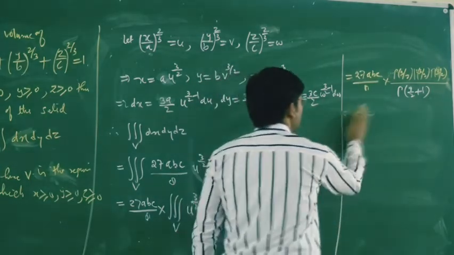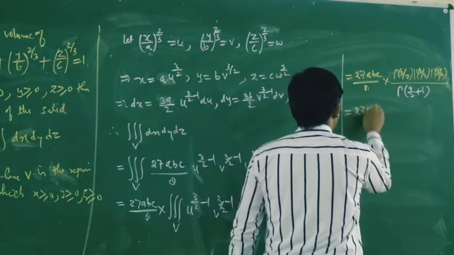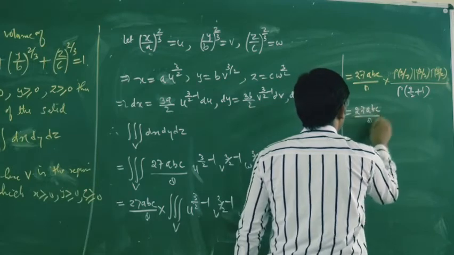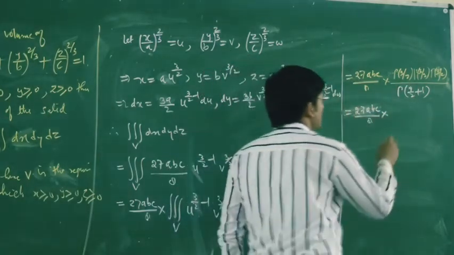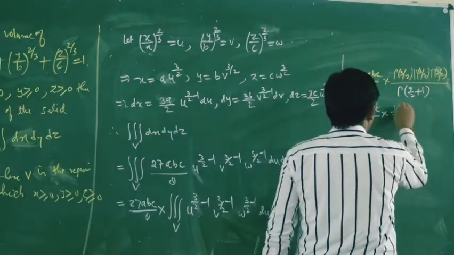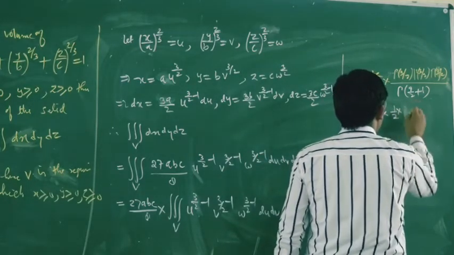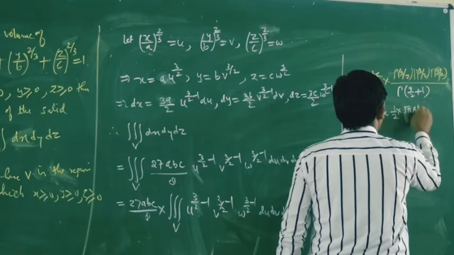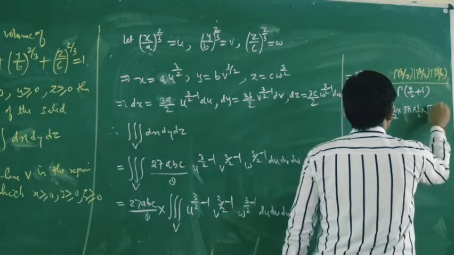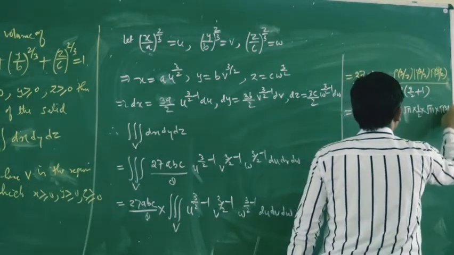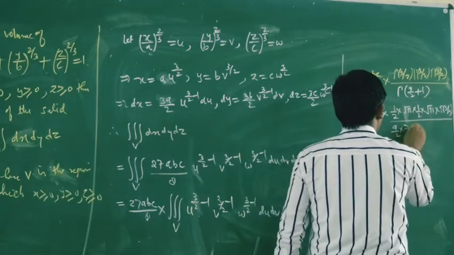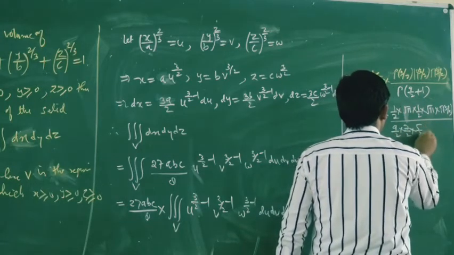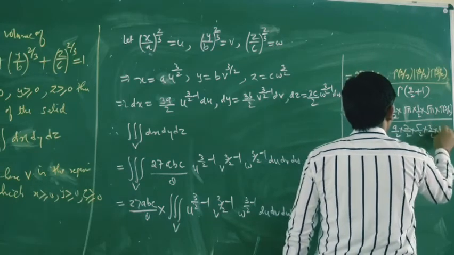This can be written as 27abc upon 8 multiplied by, now gamma 3 by 2 is half gamma half, which is half root pi. Again the second term will be half root pi and the last one is gamma 3 by 2. In the denominator we have 9 by 2 into 7 by 2 into 5 by 2 into 3 by 2 into gamma 3 by 2.